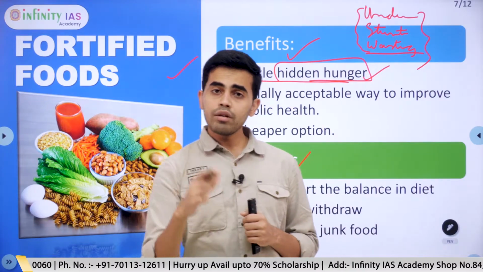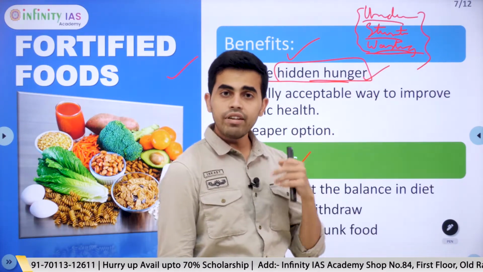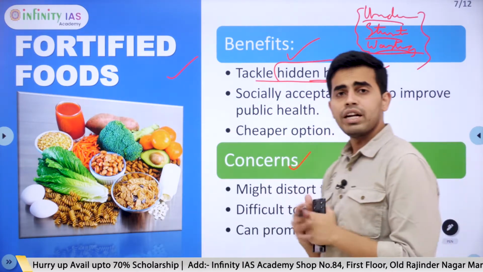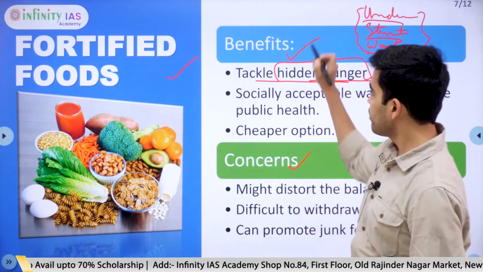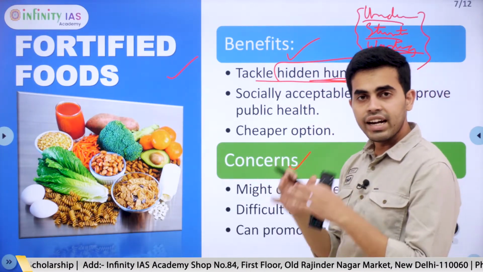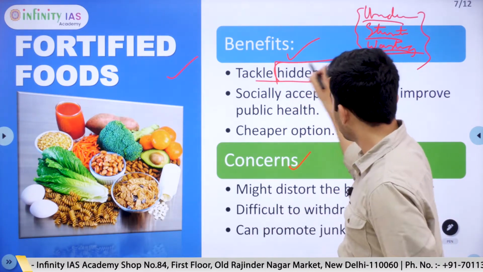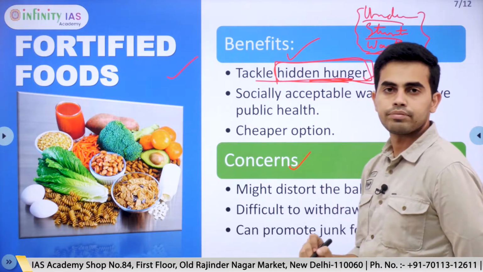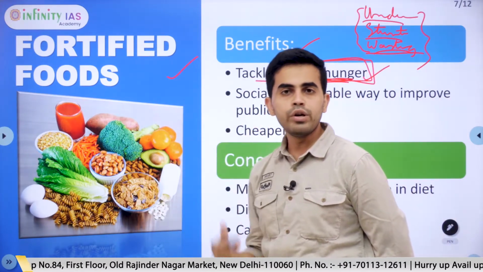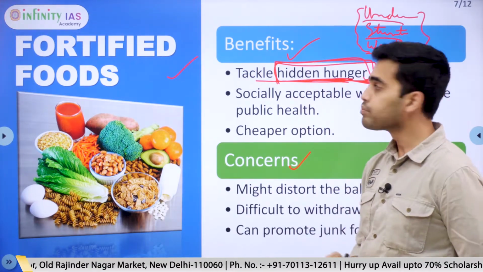So he will not be having underweight or stunting or wasting, but he will have anemia or he will have other vitamin deficiency diseases. So it will not be seen as a hunger problem. So it will be hidden. So these micronutrient deficiencies will lead to hidden hunger. So fortification of foods in which we add micronutrients, we can tackle that hidden hunger.